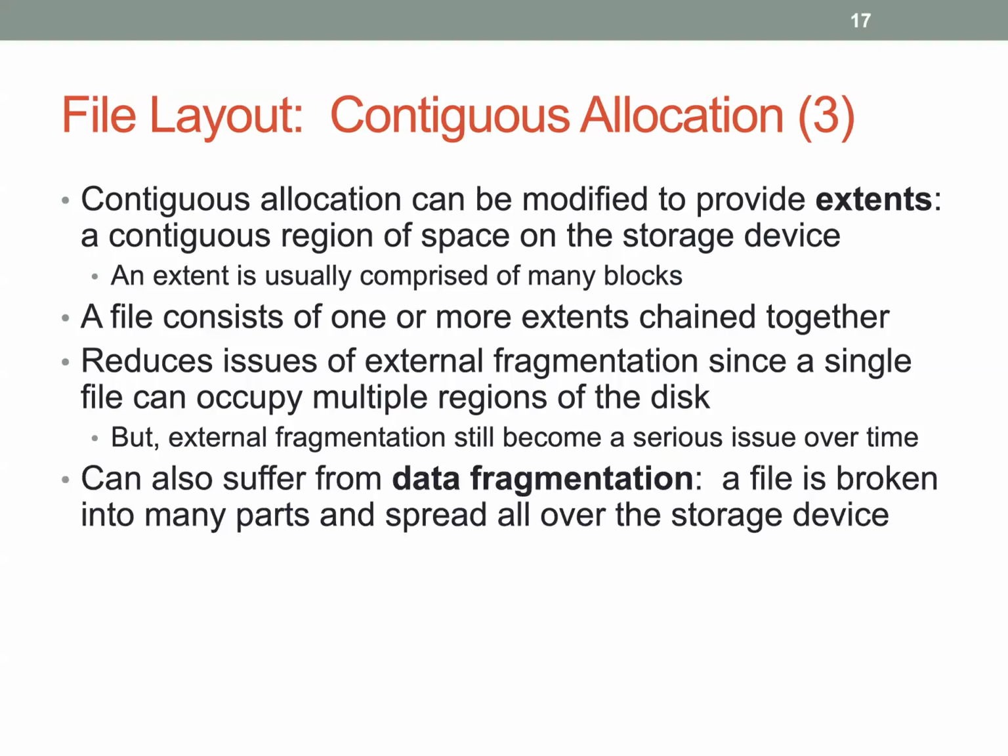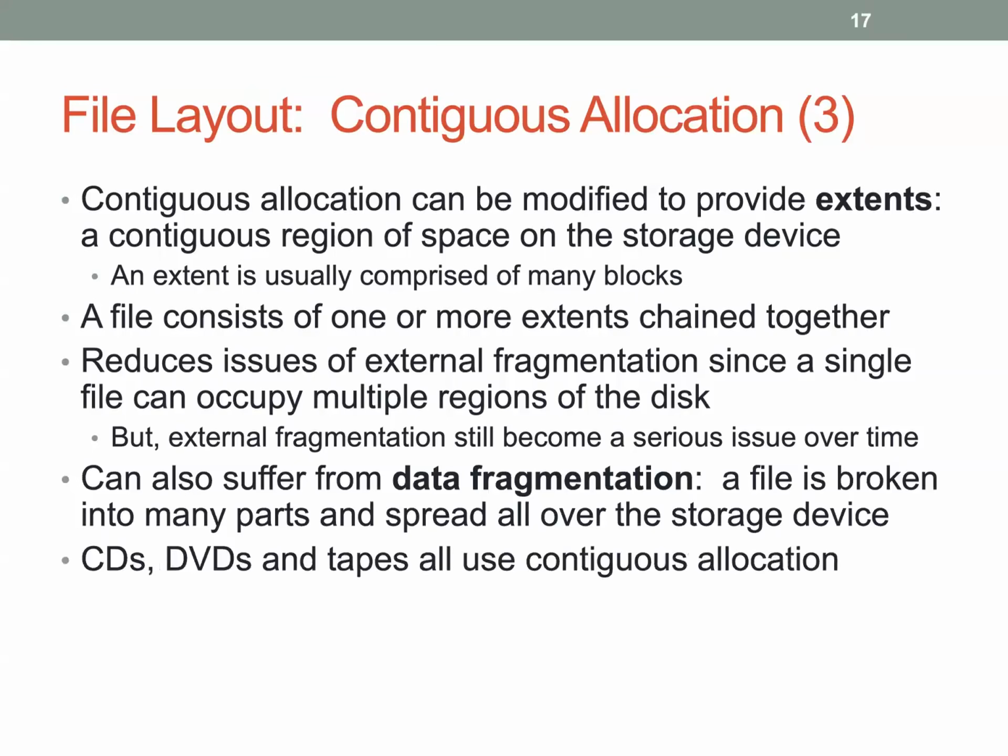And so we call the issue pertaining to that data fragmentation, because if the physical order of the file doesn't match the logical order of the file, then you're going to have a very slow interaction with the device. Solid-state drives don't suffer from data fragmentation because there's no seek overhead, but anything with seek overhead can have this data fragmentation issue.